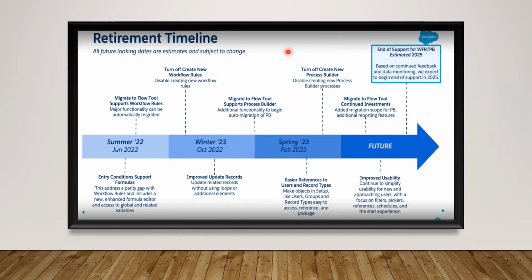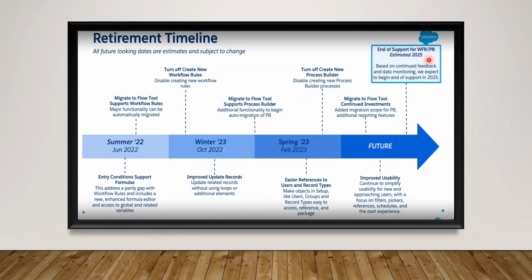By February 23, they are planning to migrate everything from Process Builder and workflow rules to Flows. And by the last estimated date, 2025, you won't be able to see any workflow rules or Process Builder. That means you won't even be able to create them, and the support provided by Salesforce will end.